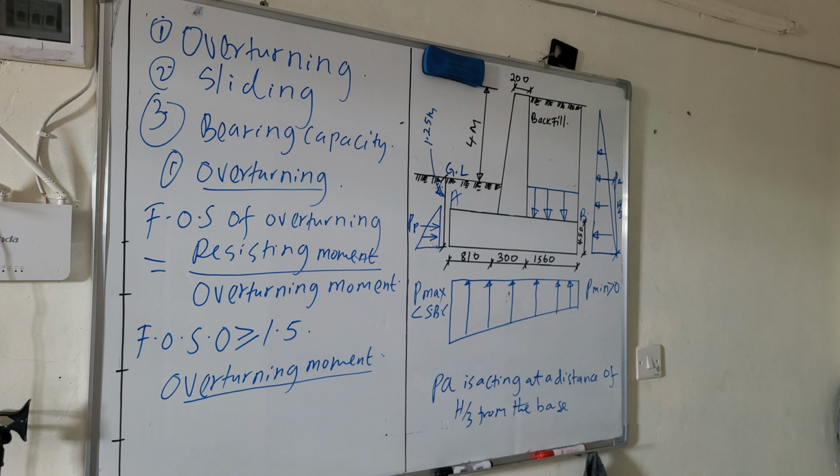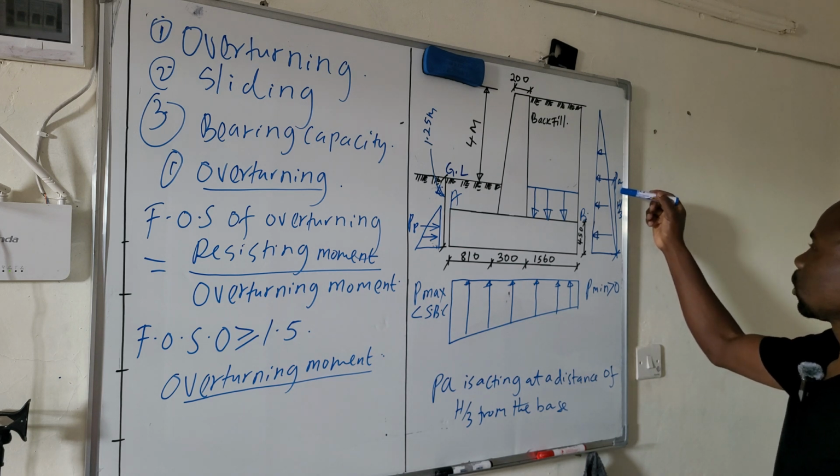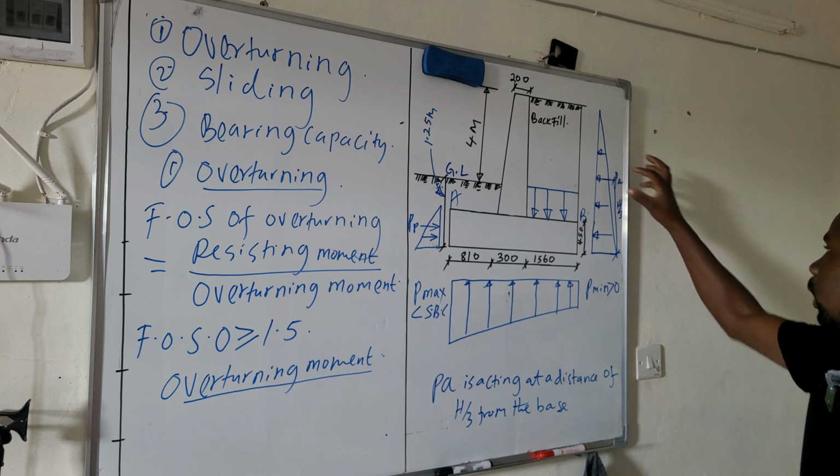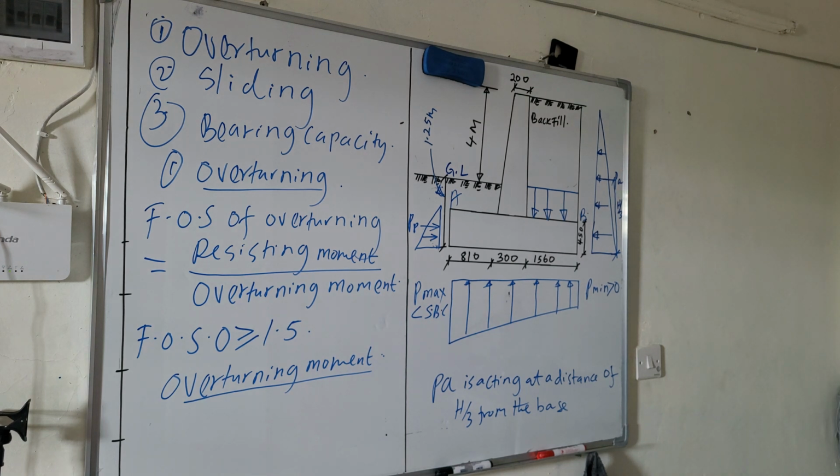The overturning moment is caused by this active pressure, as a result of the retained soil, and we are supposed to calculate this active pressure, which is PA.